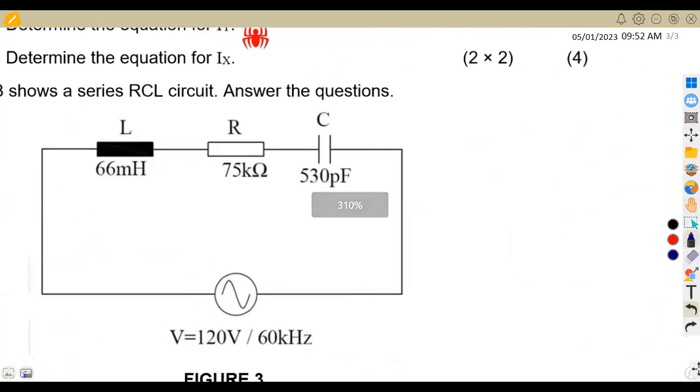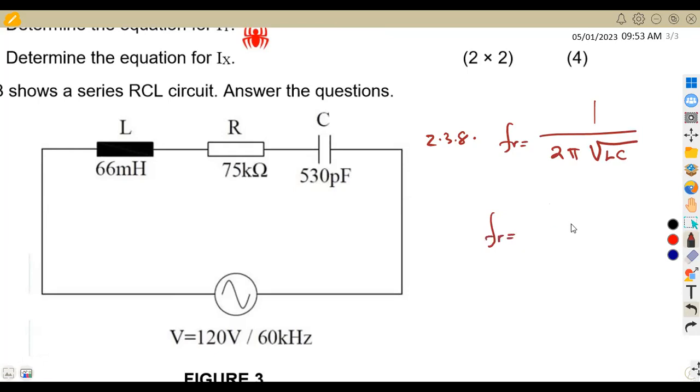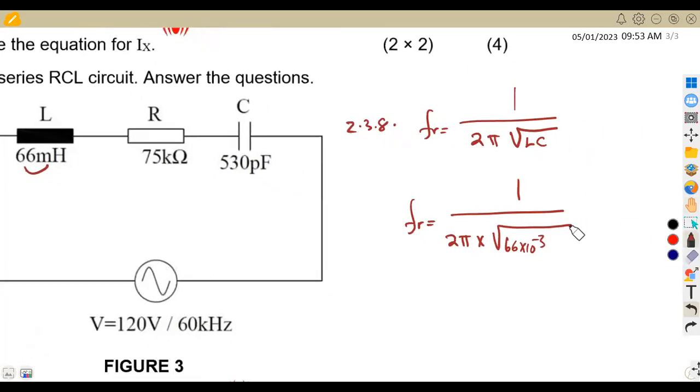So the resonant frequency can be taken from the formula. This is 2.38. Remember that the resonant frequency is equal to 1 over 2 pi square root of LC. Also, we are given this formula in our formula sheet. So we are going to just substitute: 1 over 2 pi times the square root of L, which is our inductance, 66 times 10 to the exponent of minus 3, that's millihenries, times the capacitance, which is 530 picofarads, that's times 10 to the exponent of minus 12.